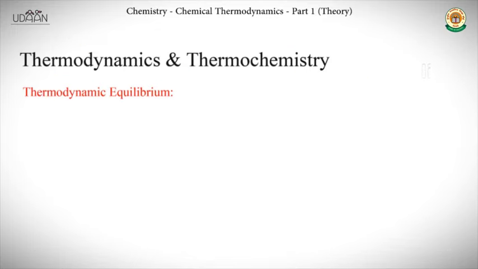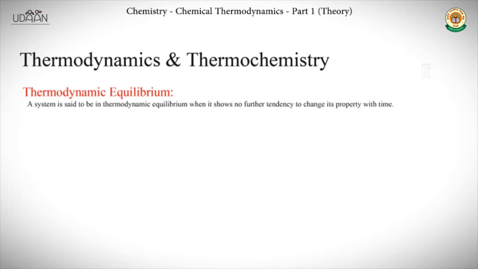Now we'll talk about thermodynamic equilibrium. What is thermodynamic equilibrium? A system is said to be in thermodynamic equilibrium when it shows no further tendency to change its properties with time. Suppose we have a system and the properties of the system are not changing with time, then it is in thermodynamic equilibrium. It is a combination of three equilibriums.